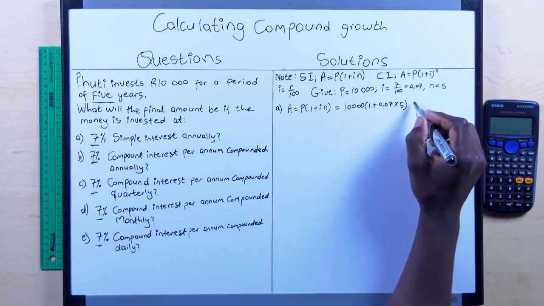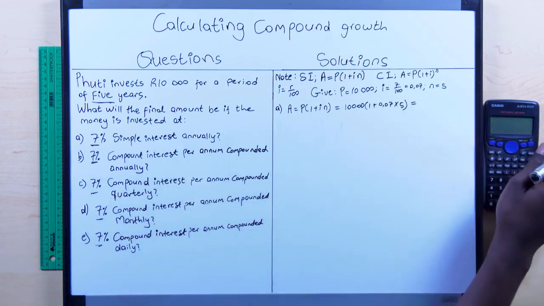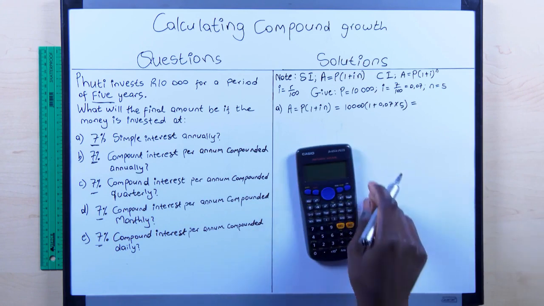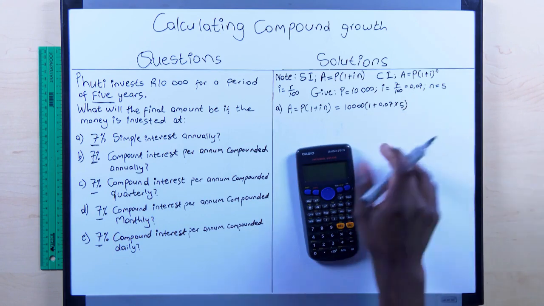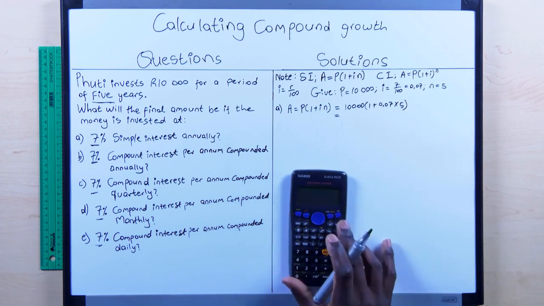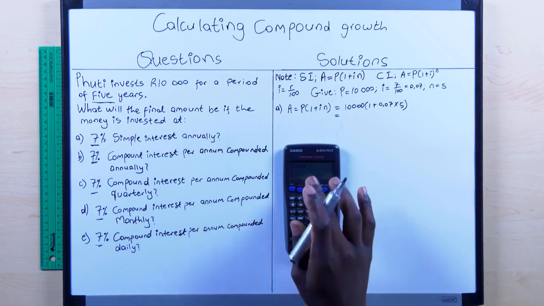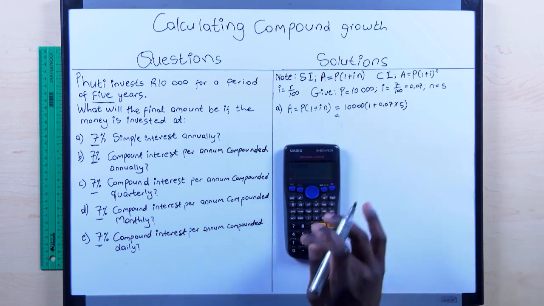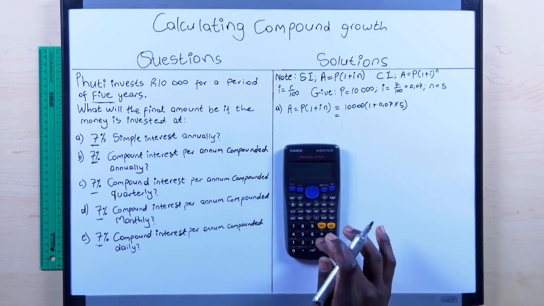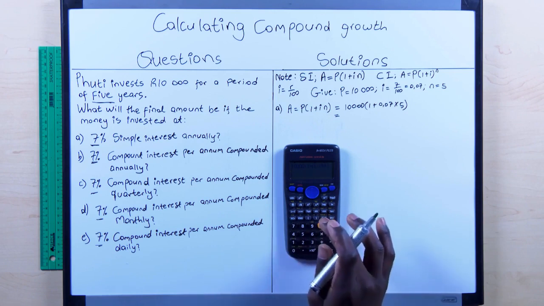That means that after 5 years, at simple interest annually, you will have a final amount of, let us write it here, 10,000, open bracket, 1 plus 0.07 times 5.